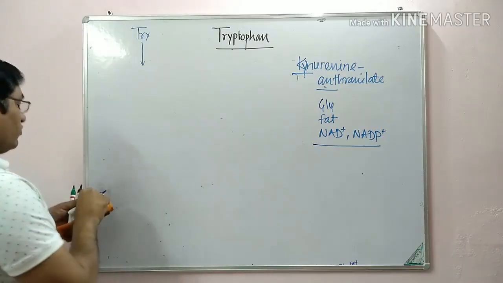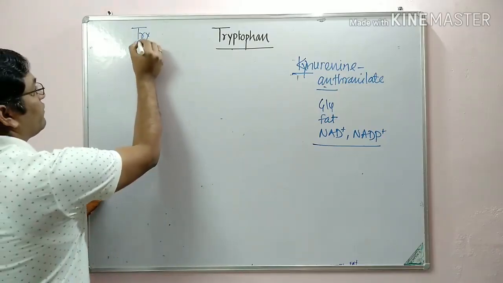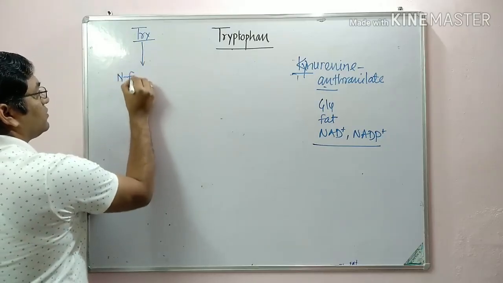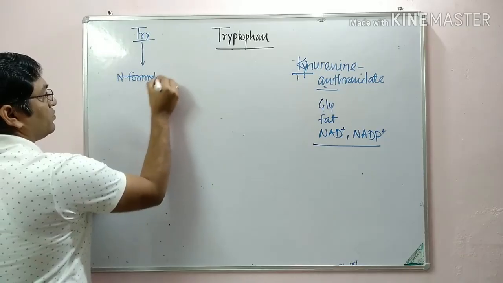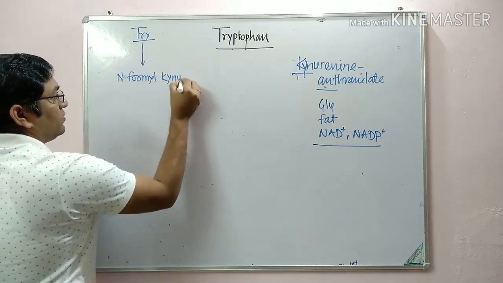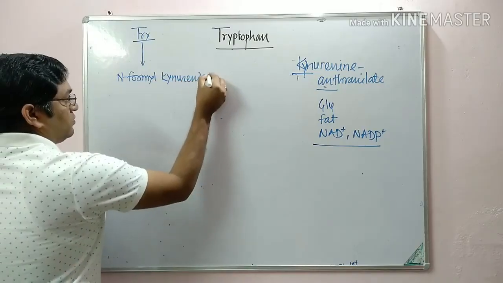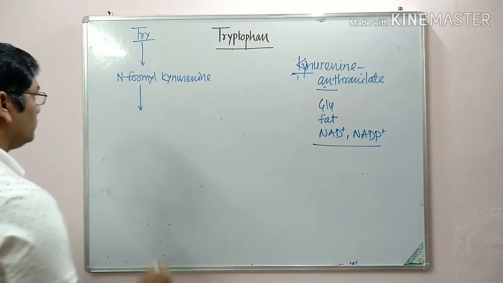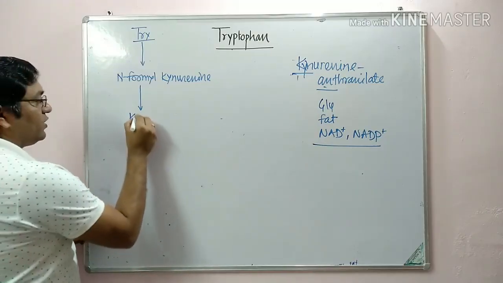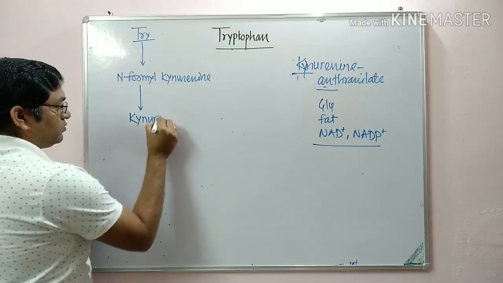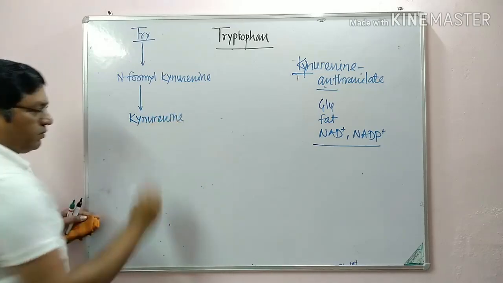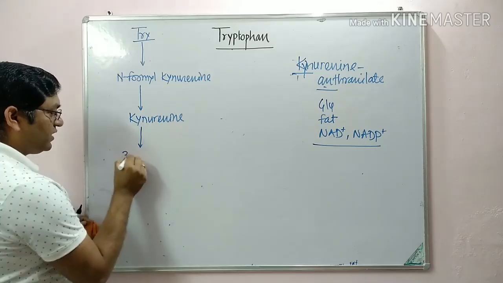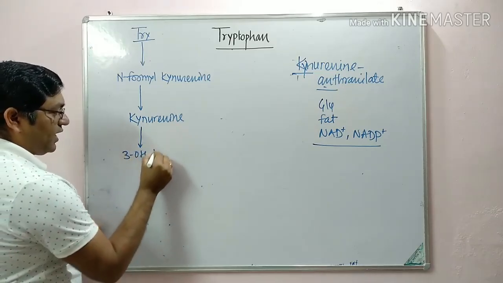By the action of tryptophan pyrrolase, tryptophan is converted into N-formyl kynurenine. This N-formyl kynurenine is converted into kynurenine. Then by the action of hydroxylase, it is converted into 3-hydroxykynurenine.